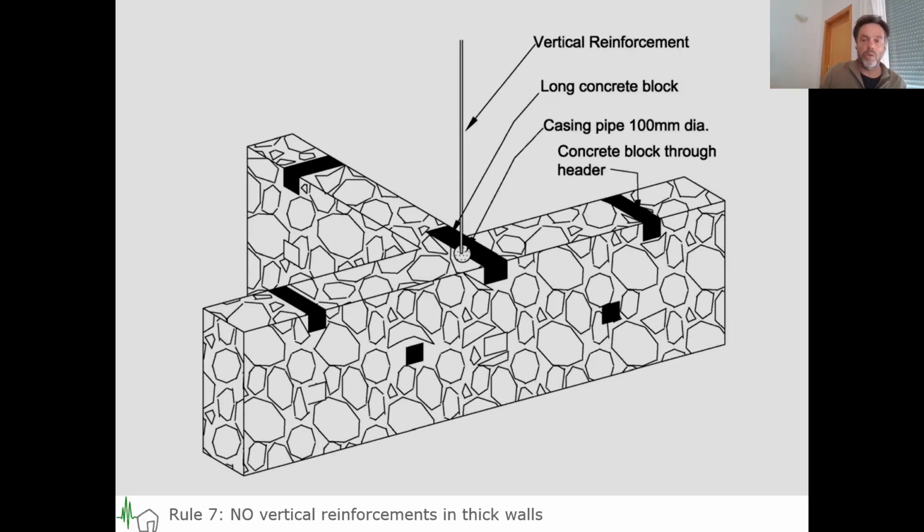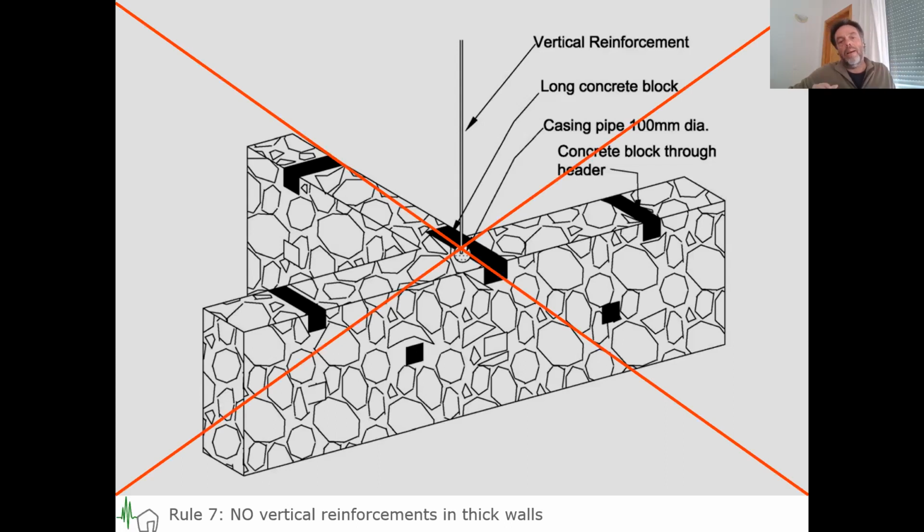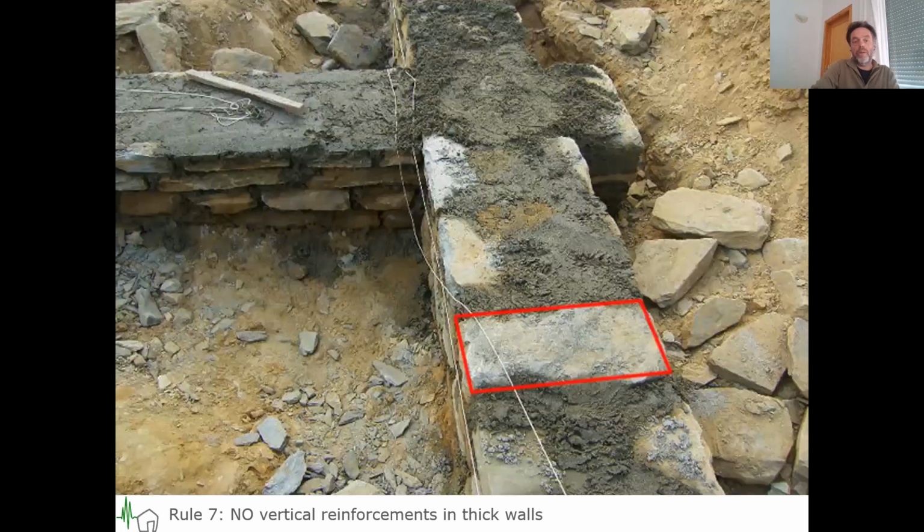Like I said, I'm going to explain this in much more detail in the second presentation. But we feel that it should not be there. Let me not give it away straight away, but we didn't do it. What we did is we made sure that we had a lot of bonding in the walls, what we call through stones. And we also invested in cement mortar.